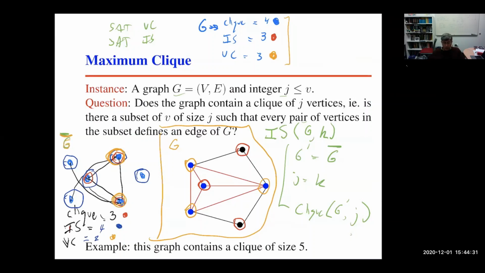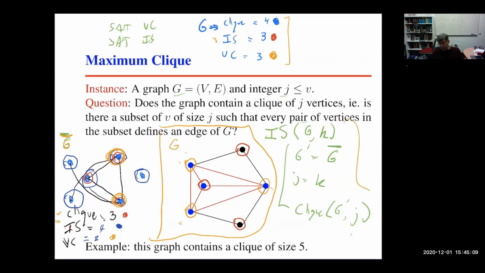But what's the interesting point here? If we take a look at it, the size of the largest independent set in G is the same as the size of the largest clique in the complement. Likewise, the size of the largest clique in here, which is 4, is the same size as the largest independent set in the complement.